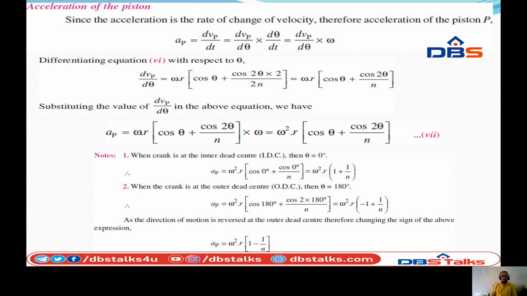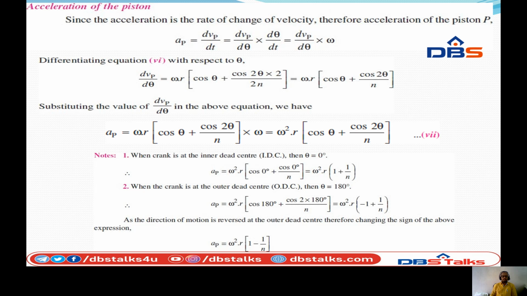Multiply with omega for acceleration. So ap is equal to, substituting the dvp value, omega square R into cos theta plus cos 2 theta by n. This is the seventh equation.